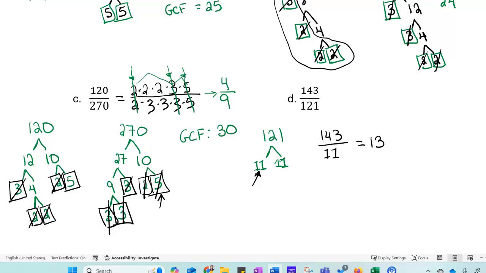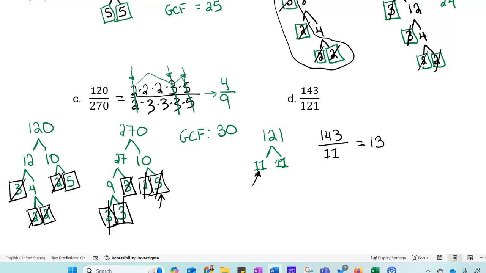Now, if you didn't know any factors, I would just start with the smaller number and figure out what factors start at 3, 4, 5, whatever you need, work your way up, and eventually you would get to 11. And then you would say, okay, right, what we did here, 11 goes into 121. Does 11 go into 143?